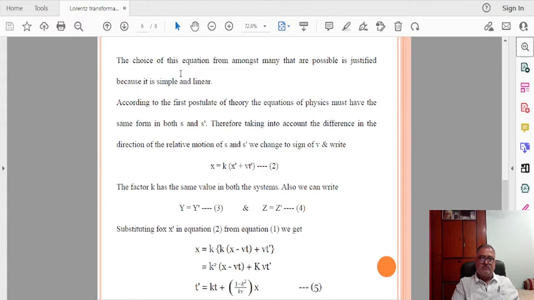The choice of this equation from amongst many that are possible is justified because it is a simple and linear equation. See friends, according to the first postulate of the theory, the equations of physics must have the same form in both frames of reference, that are S and S prime.